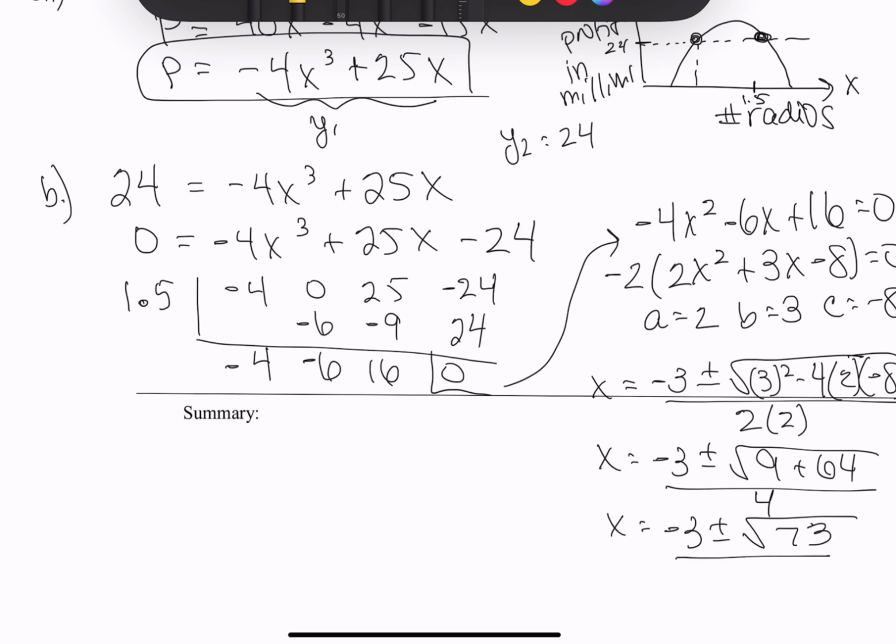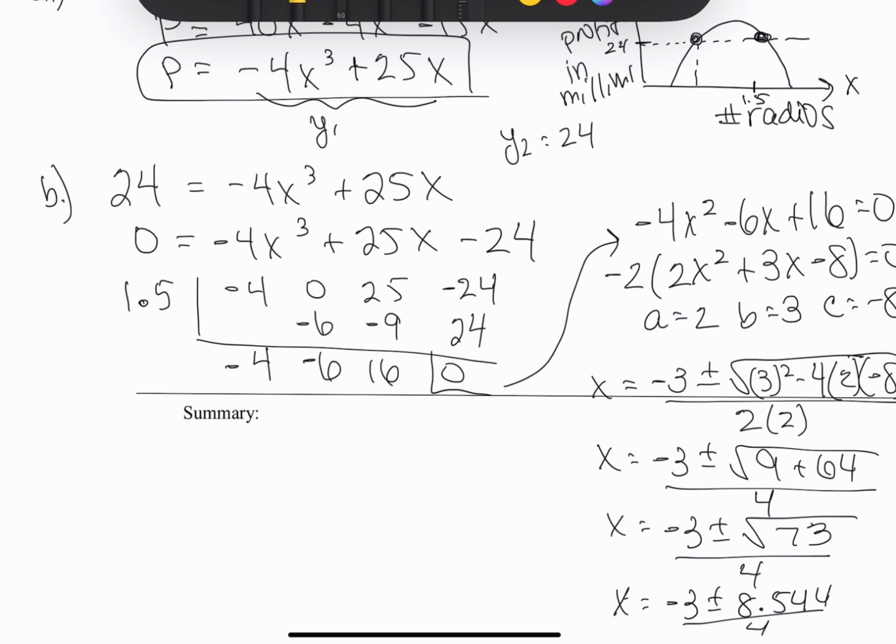that's 73. The square root of 73 is 8.544. I am not going to do negative 3 minus 8.544. I'm just going to do the negative 3 plus 8.544, which will then give me a positive number that I can divide by 4.